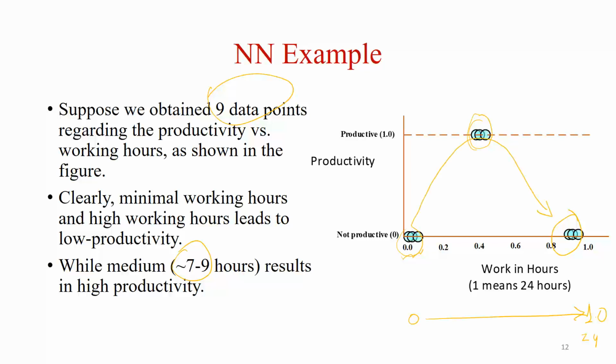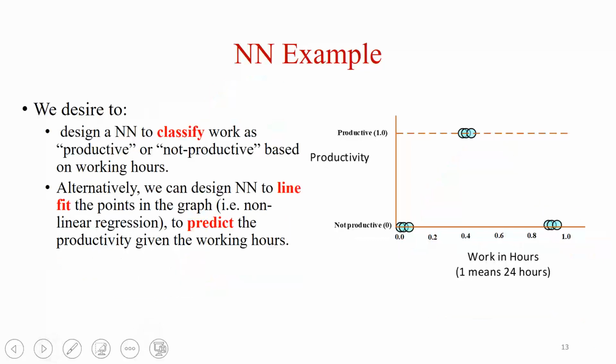Okay, so whatever example. So here's an example. And of course, there is no way you can model this in a linear way. There is no way. Okay, because in linear regression, we have seen that points are aligned in a nice way for a line to come in and fit the data. But there is no fit. So in this case, we desire to create a neural network to classify work as productive if the output approaches 1, or non-productive if the output approaches 0.